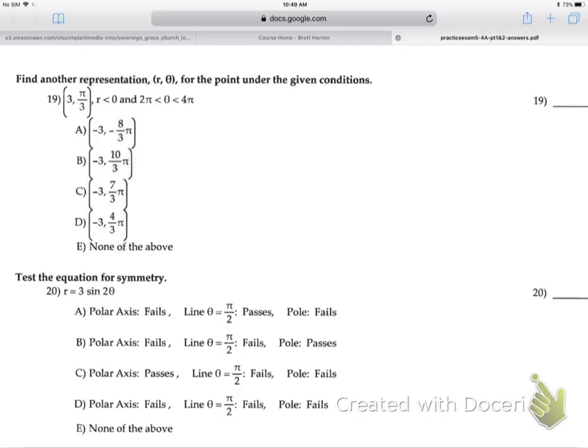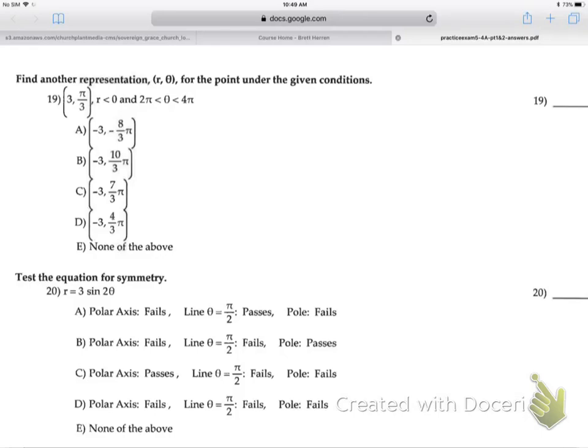So 19, find another representation. They want another way to find the same spot, is what they're saying. So this is r and theta. Let's go to the polar graph.